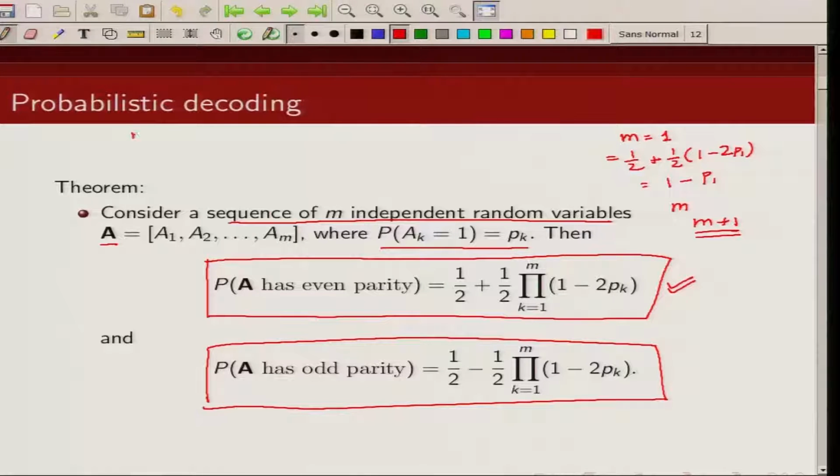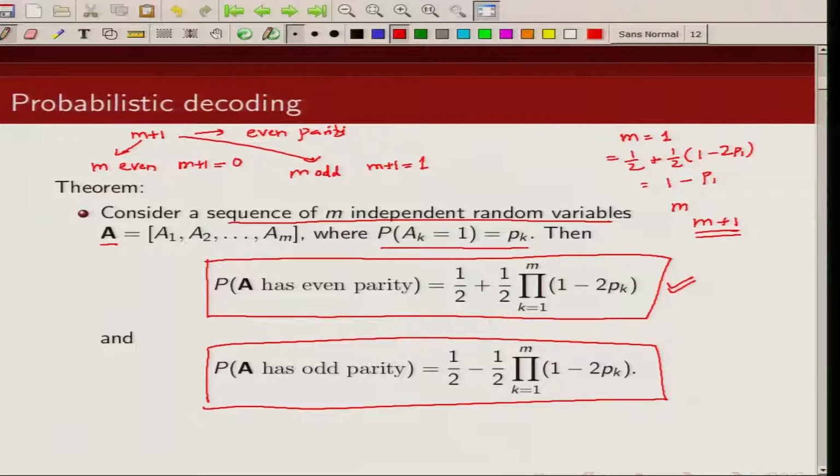They will have even parity when the first m of them have even parity and the (m plus 1)th bit is 0, or the sum of m independent random variables gives odd parity and the (m plus 1)th bit that we receive is actually 1. Then we will get even parity.